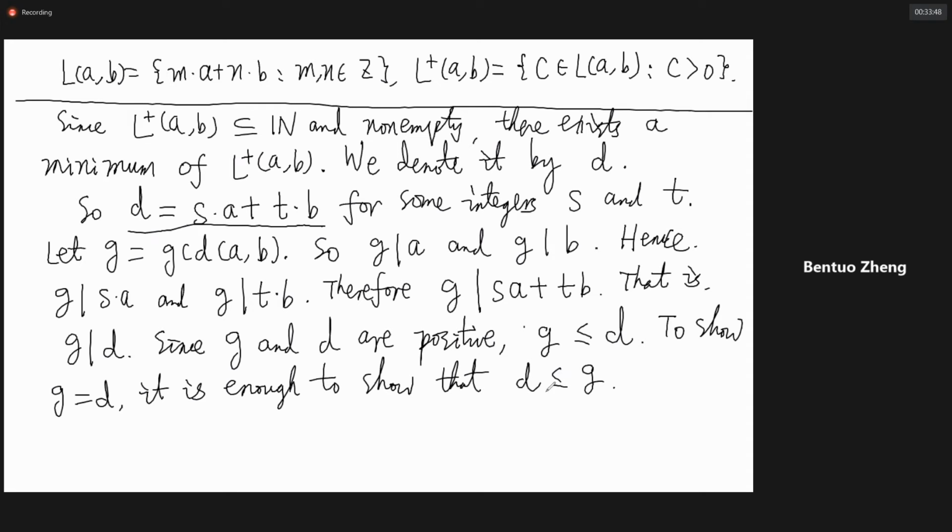Okay, now here we want to use the remainder theorem.